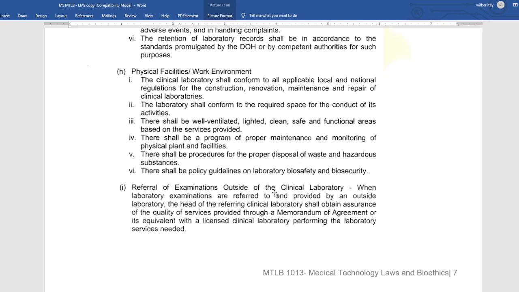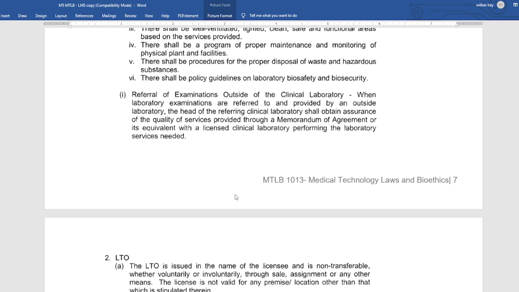Like for example lang, in case na si Divine or si St. Paul cannot do a test because they do not offer this one, they can collect the sample and they can send it to other laboratory. Pwede nilang isend kay CBMC. Pero dapat meron silang MOA, Memorandum of Agreement.